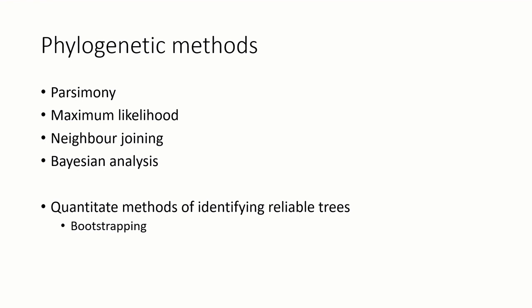And all of these different methods also have their own analysis. Having done a lot of maximum likelihood and parsimony, bootstrapping is one of the main ones to work out which is the most reliable tree, because all of these will produce many different trees because they're all trying to calculate which is most reliable, and bootstrapping or for Bayesian analysis it will produce another one just to work out which branches, which nodes are most reliable.